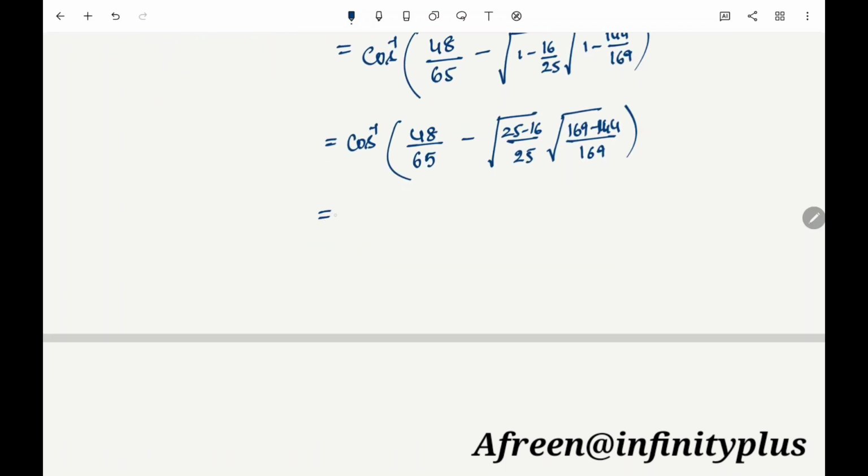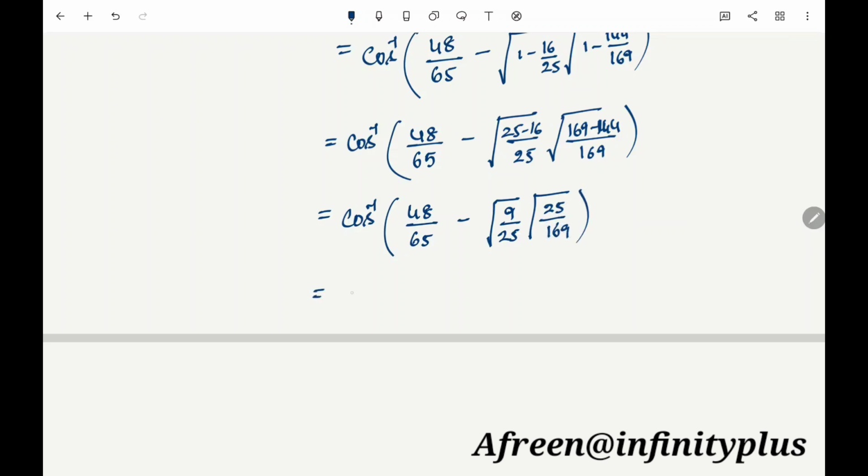Again simplify: cos inverse of 48 divided by 65 stays as it is, minus root of 25 minus 16, which is 9, divided by 25, into root of 169 minus 144, which gives 25 divided by 169.